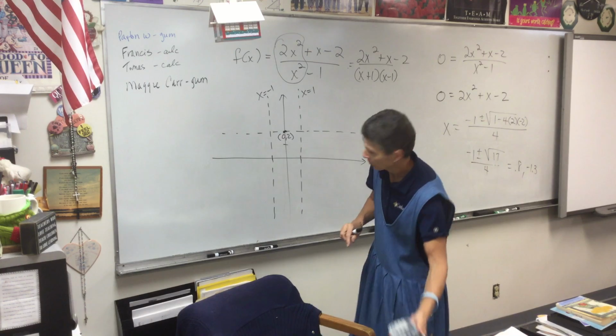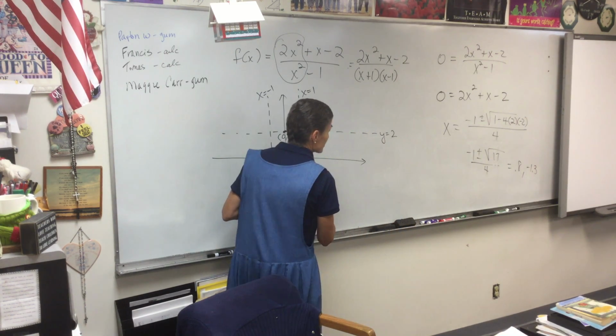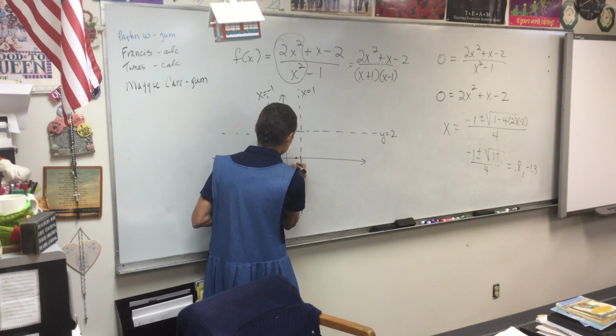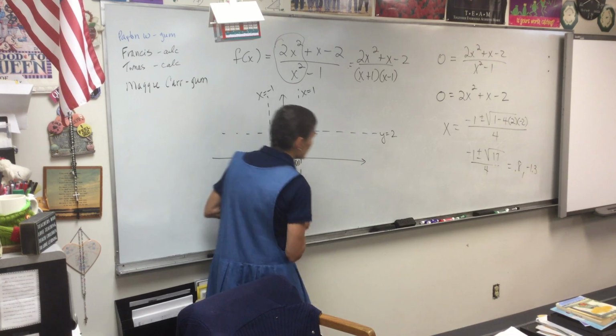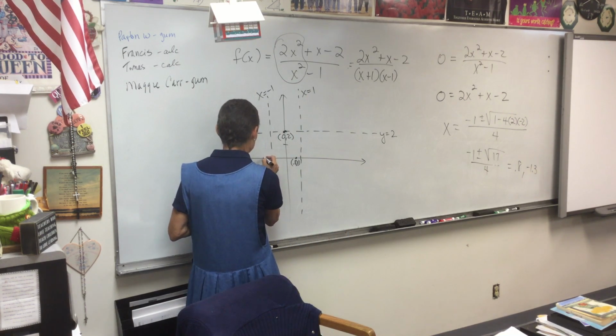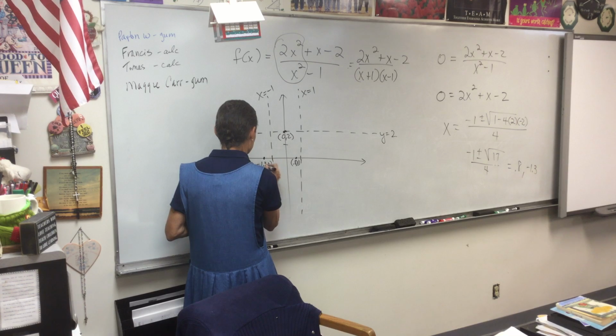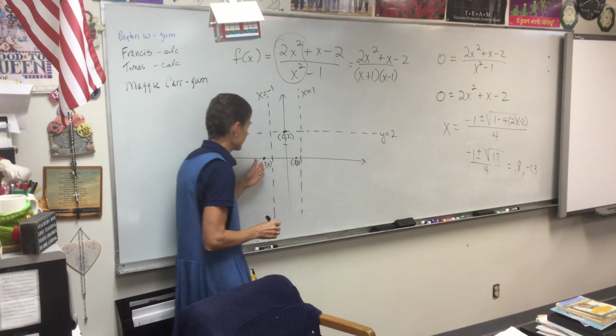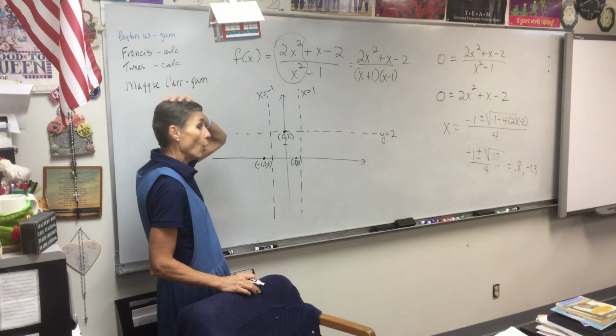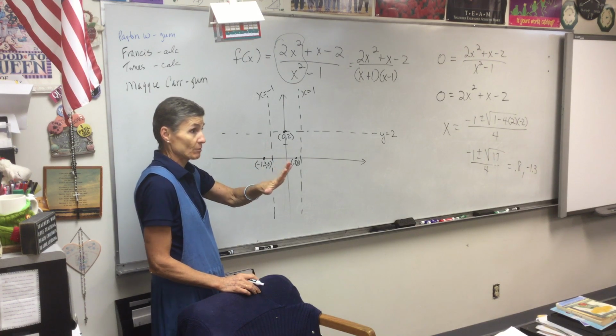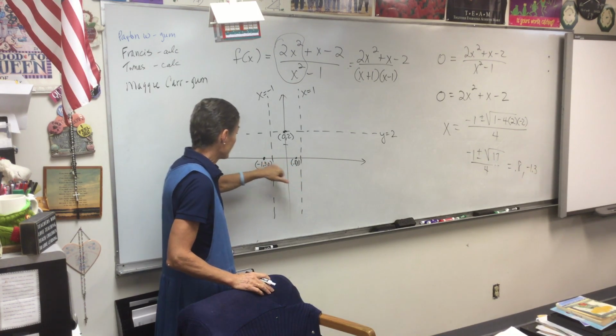That's close enough. Remember, we're just doing a sketch. So 0.8 would be about right here, and negative 1.3 would be about right here. So that's where I cross the x-axis. The only places I'm allowed to cross the x-axis are here and here.